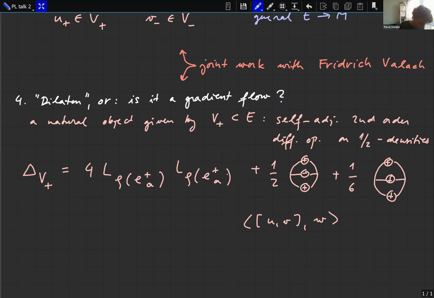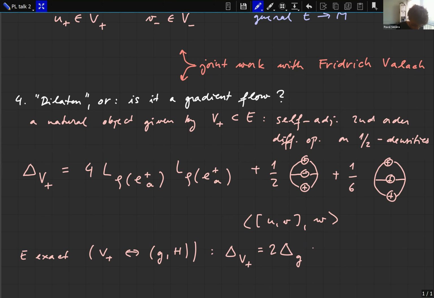Now, what happens, say, if E is exact, and therefore V plus is the same as a pair G and H? In that case, this delta V plus is going to be a factor of 2 times the ordinary Laplacian given by our metric, acting on half densities, plus some function.